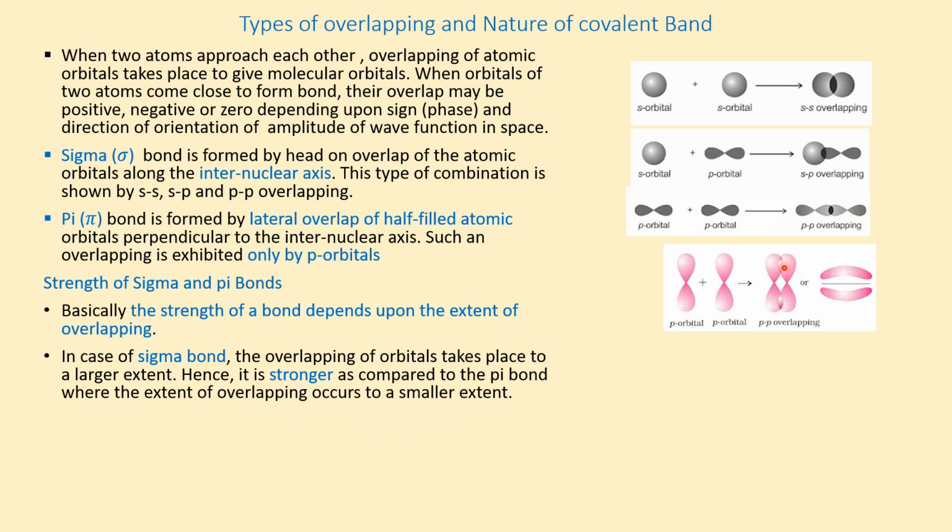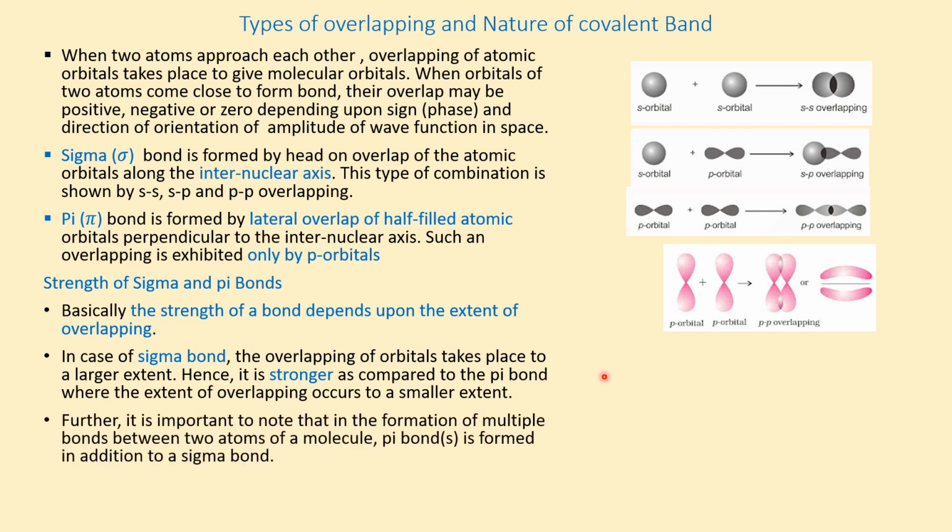Please see the figure here. The overlapping area is small. Whereas in the case of s-s orbitals, the overlapping takes place to a large extent. So, sigma bonds are stronger than the pi bonds.